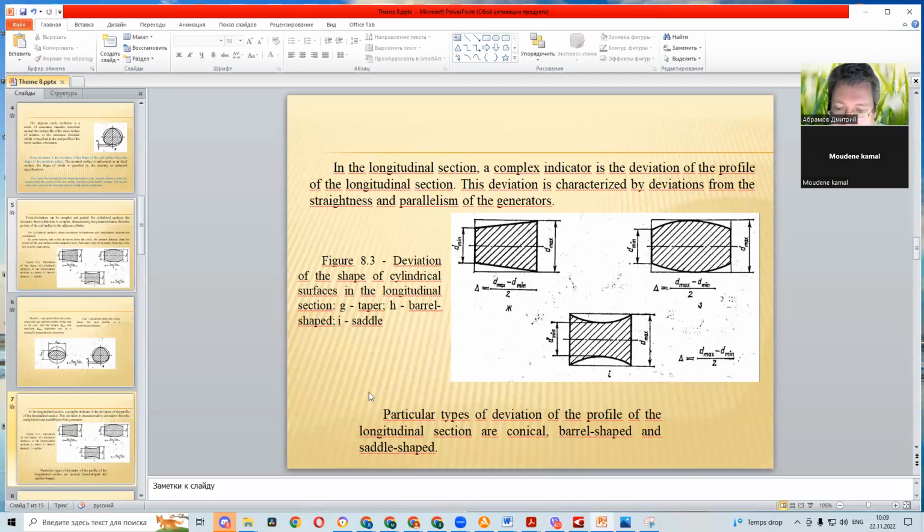Particular types of deviation of the profile of the longitudinal section are conical, barrel-shaped, and saddle-shaped. These are the three types: first conical, second barrel-shaped, and third saddle-shaped.